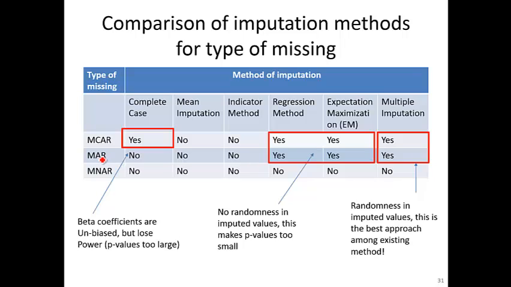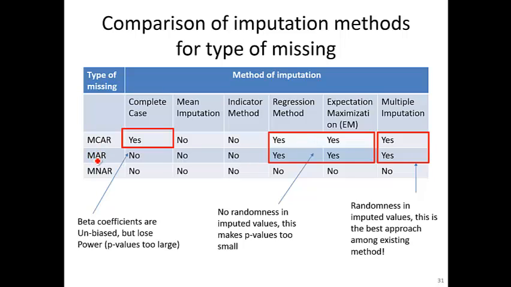When you have missing at random, complete case analysis will bias the result, and the mean imputation and indicator method does not work for any type of missingness.